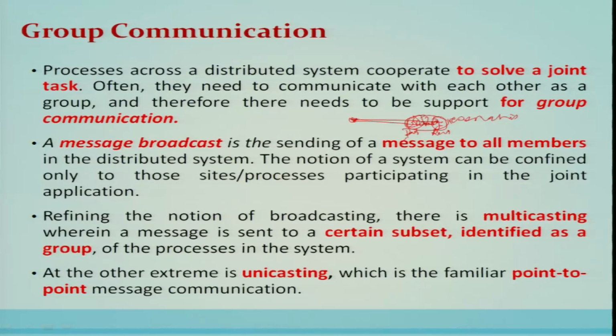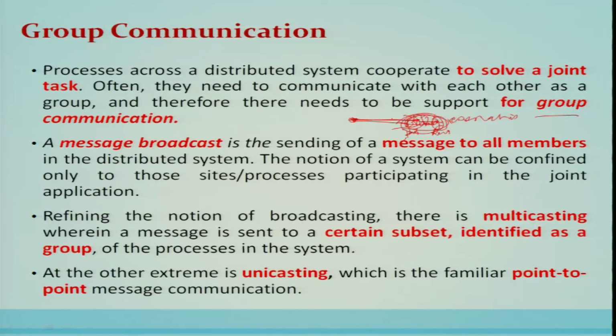Why? Because this client or user has to communicate only to a set of processes, which is called a group of processes, and this kind of communication is called group communication. Group communications are to be supported by the applications.